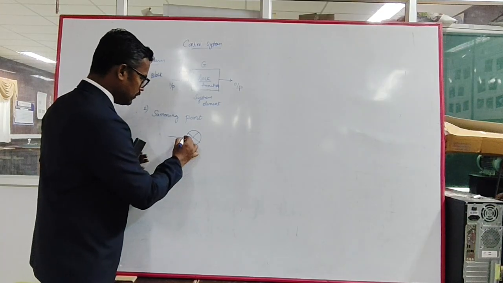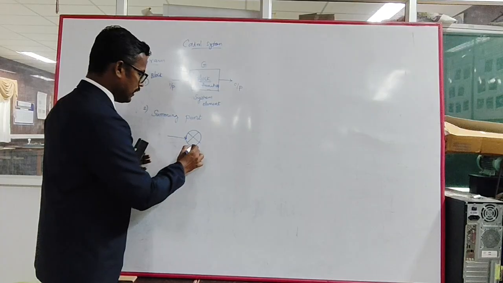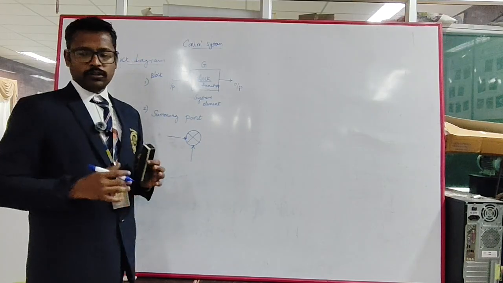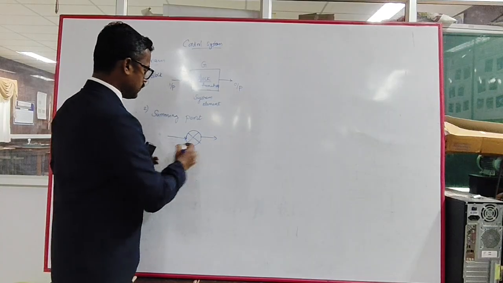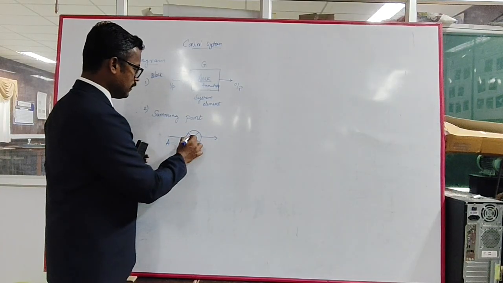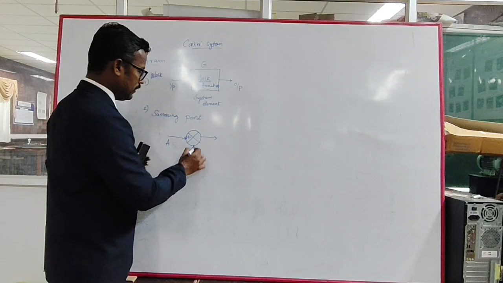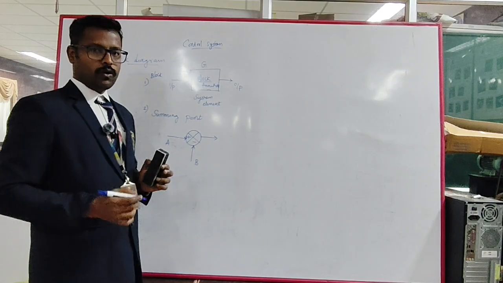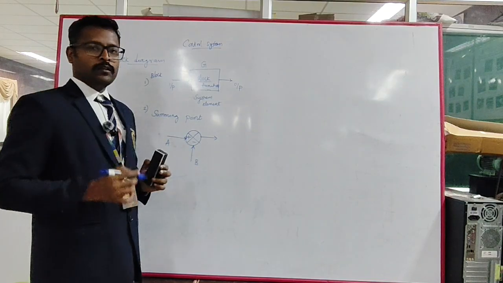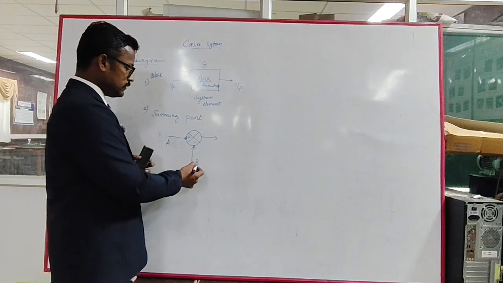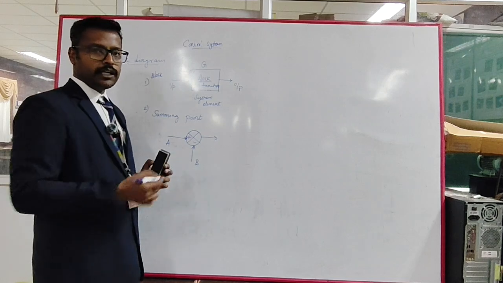For example, we have signal A and signal B, and these two signals are summed up and we get an output. Signal A has a plus and signal B has a minus. This means that the first signal is added with the positive sign, and the second signal B is added with the negative sign.